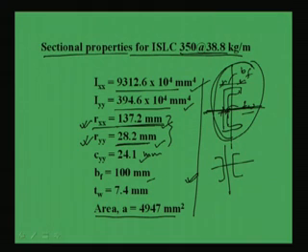That is why, though the member is very strong about the x axis, it is weak about the y axis. As a result, the member is weak, because we have to see the strength from the weakest point of view, since failure will happen first in the weakest section.